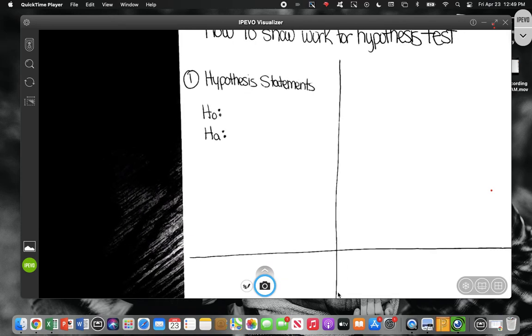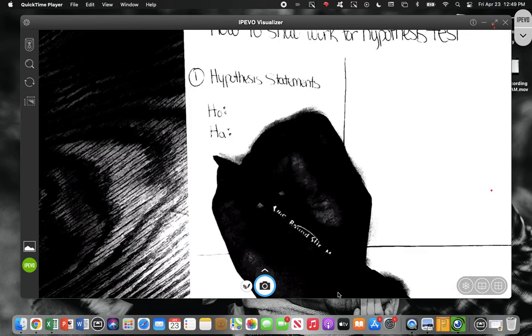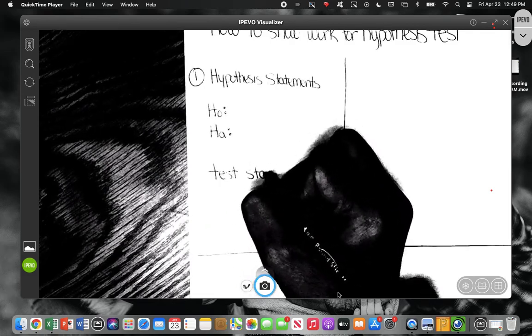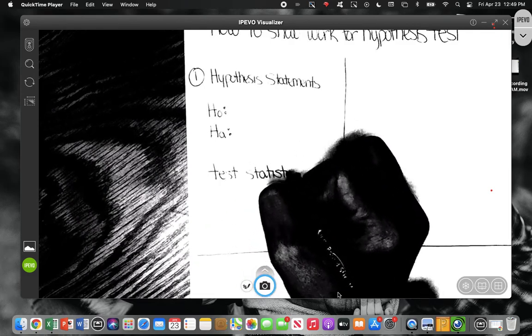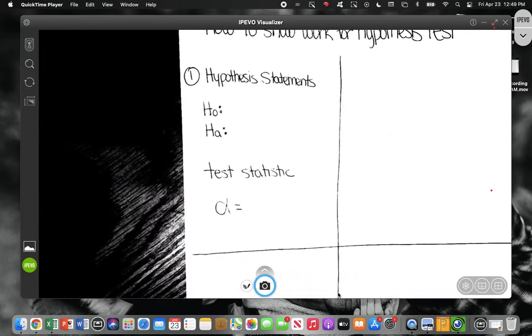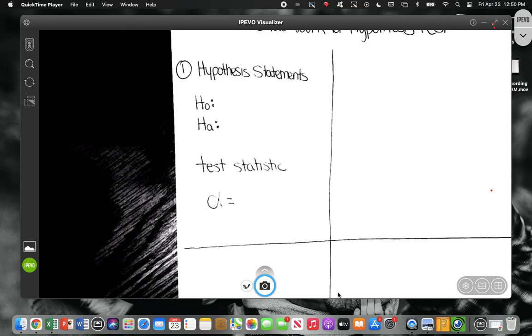And then you would obviously fill those in with values based on the question. And then in this part, you always want to also label your test statistic and also state what alpha is going to be, your significance level.